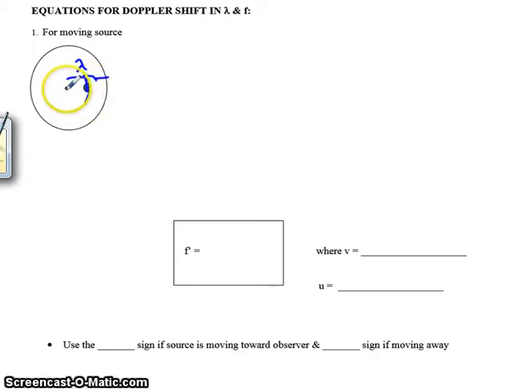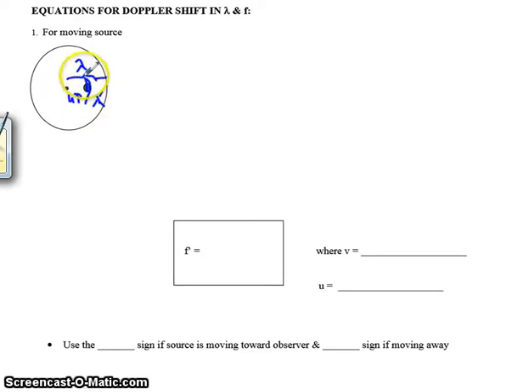So the object has moved from here to here in the time t, which is simply equal to its speed, u, multiplied by that period t, and then the wavelength that is observed is lambda prime, which is nothing more than the difference between the original wavelength and the new wavelength, because the source has moved along with the original wavefront.